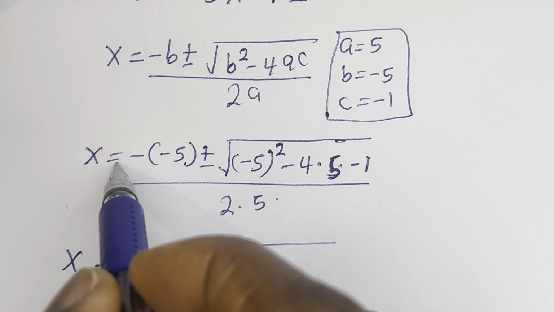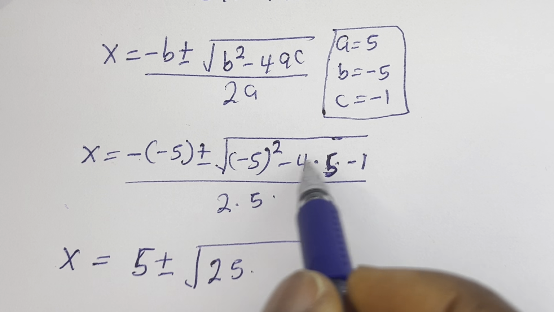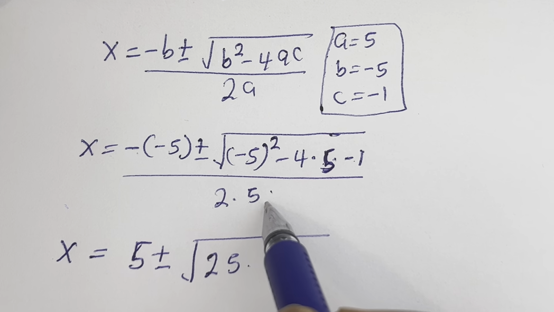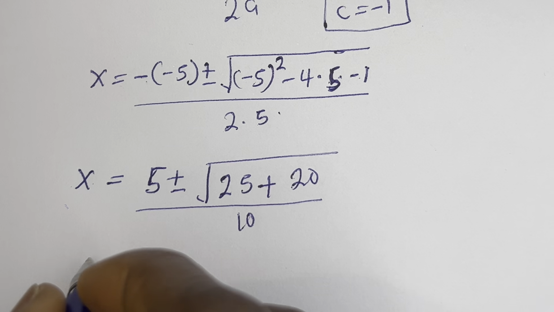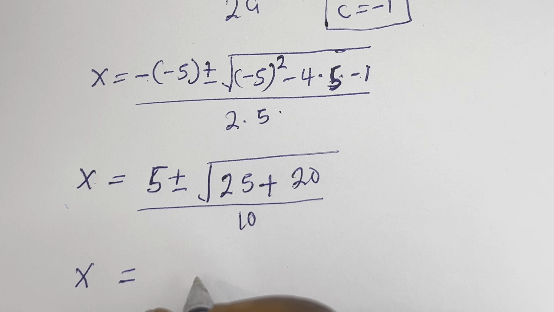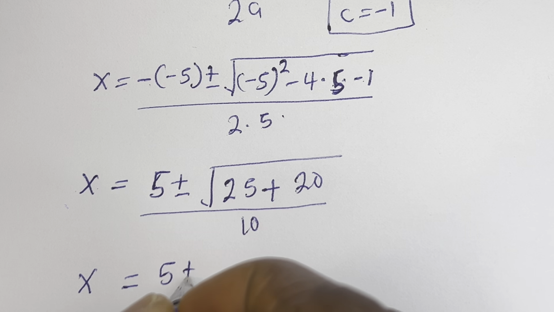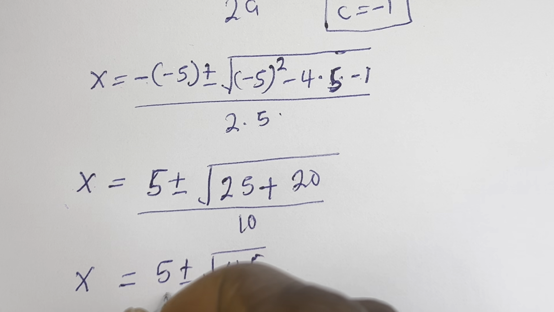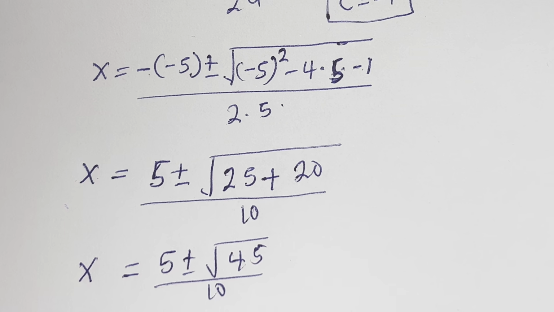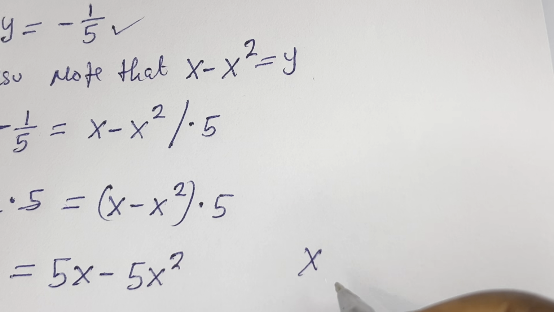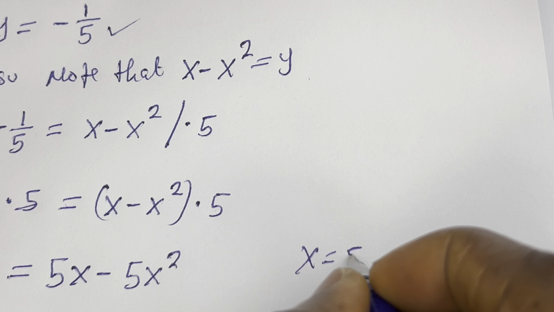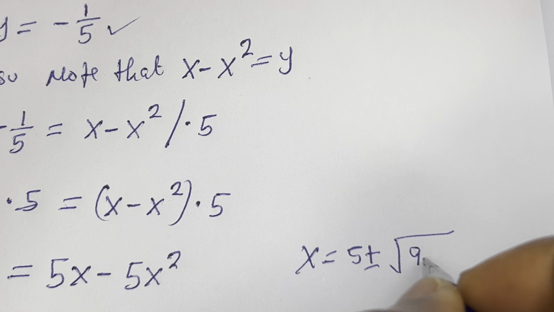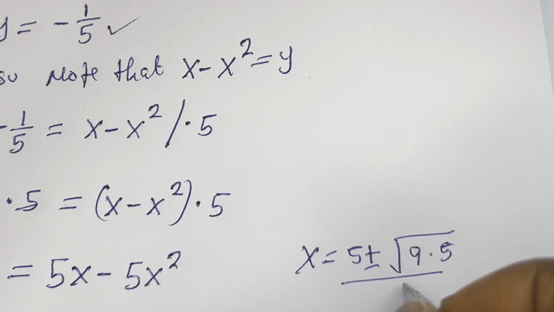We have s is equal to minus bracket minus 5 plus or minus square root of minus 5 squared minus 4 multiplied by 5 multiplied by minus 1 over 2 multiplied by 5. s is equal to 5 plus or minus square root of 25 plus 20, that is 45 over 10. s is equal to 5 plus or minus square root of 45, that is 9 multiplied by 5 over 10.